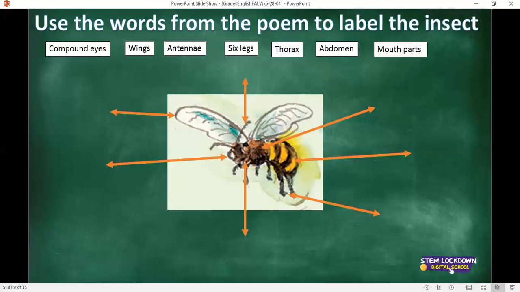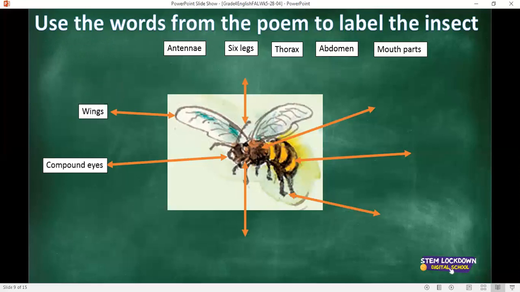My compound eyes, so compound just means there's lots of little eyes, will go straight down. The wings, I think that's quite easy to spot. It also goes straight down. Now my antenna, where are those going to go?